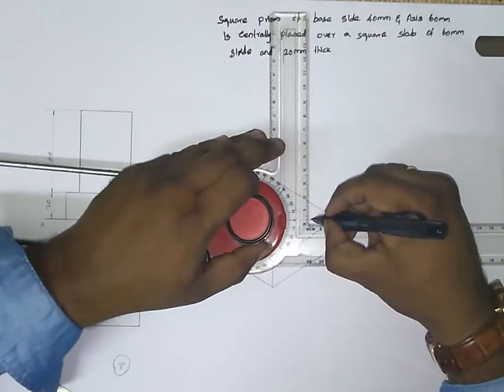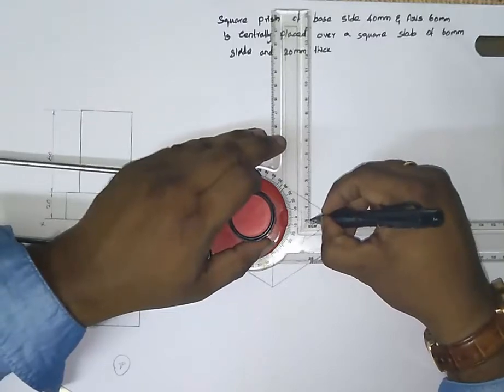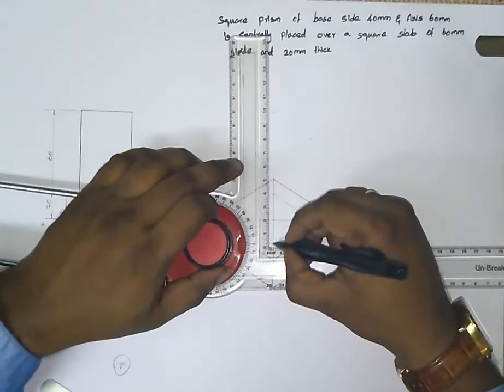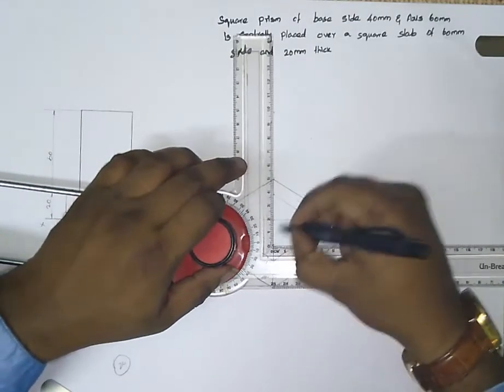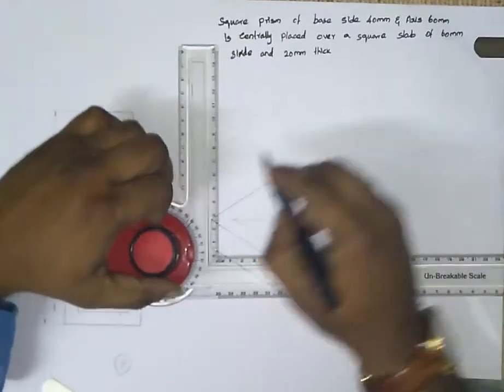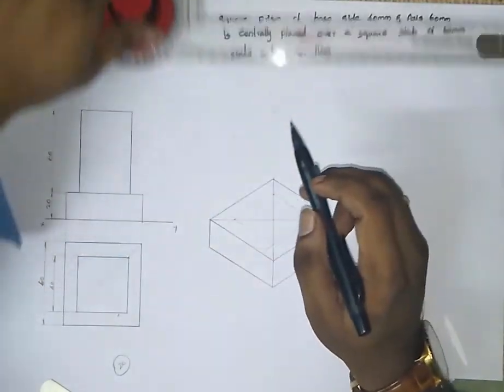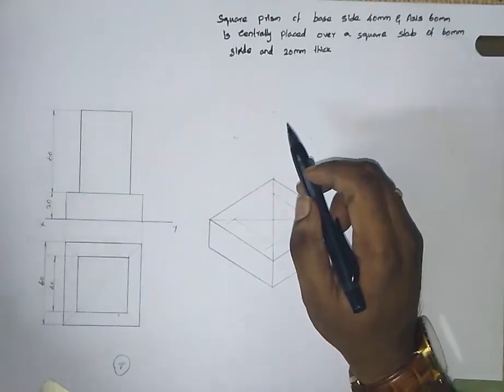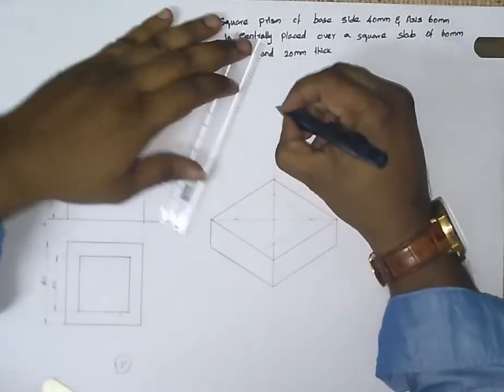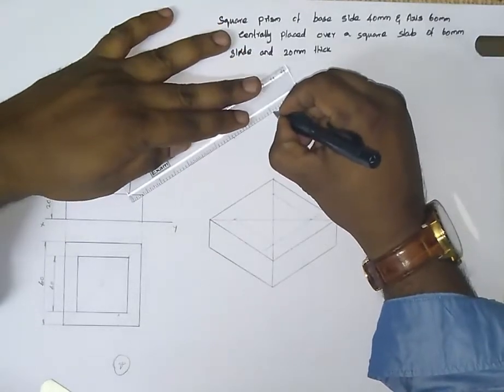From this point measure 60 mm vertically, keep a point here. From this point measure 60 mm. Now you have all 4 points in the top polygon. Now connect all 4 points in the top polygon like this.